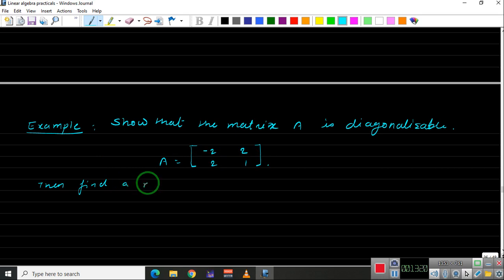Find a matrix P such that P inverse AP is diagonal.